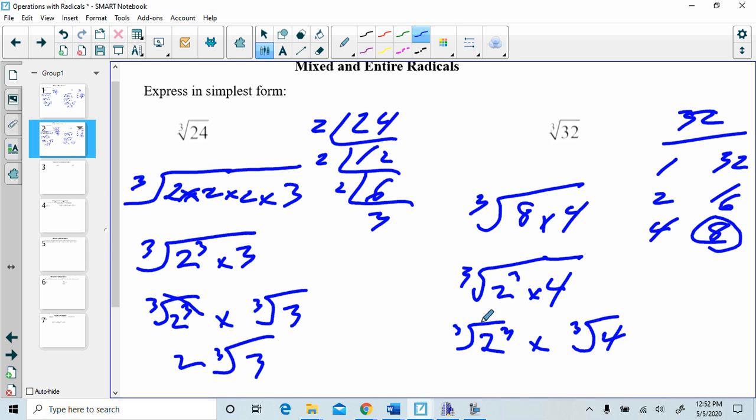And this will simplify down. The cubic root again will cancel the cube, leaving 2 times cubic root of 4. Okay, so that would be the exact answer, 2 times the cubic root of 4. And you can put that in your calculator and just check what it would be as a decimal.